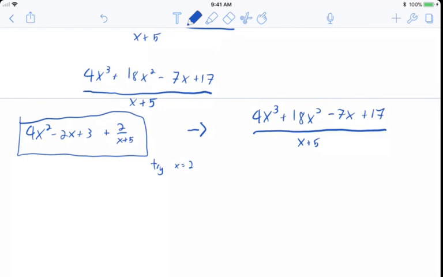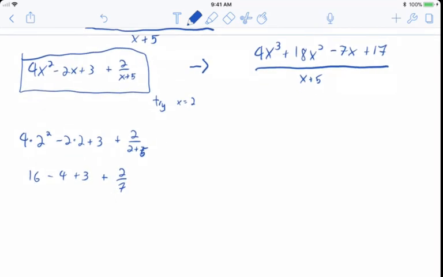So it's 4 times 2 squared minus 2 times 2 plus 3 plus 2 over 2 plus 5. So this is 16 minus 4 plus 3 plus 2 over 7. So that's 12. This is 15 plus 2 over 7.